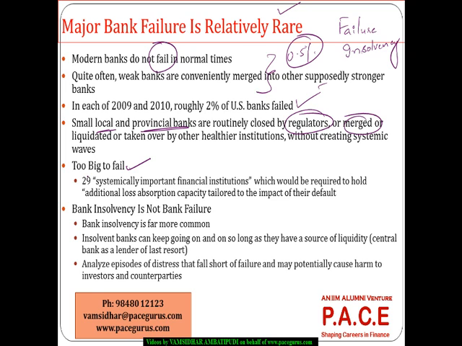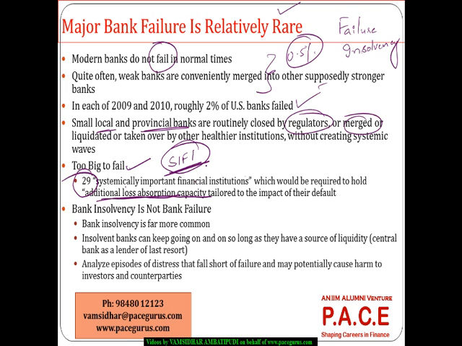Now, as a part of the recent regulations, they have identified 29 such institutions which are considered too big to fail, typically called SIFIs, systemically important financial institutions. And for them, the regulation has come out that they have to maintain an additional loss absorption capacity, an additional capital, just to make sure that these banks will not default.